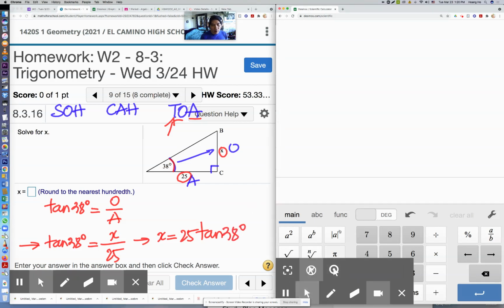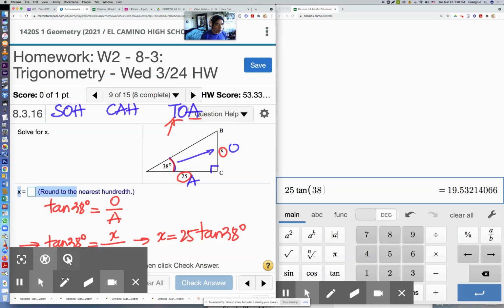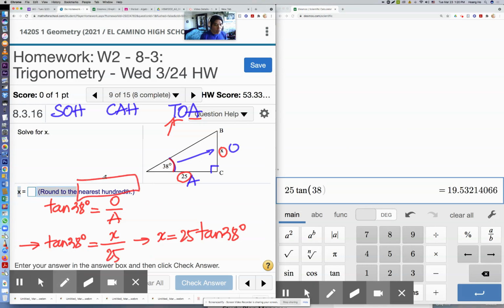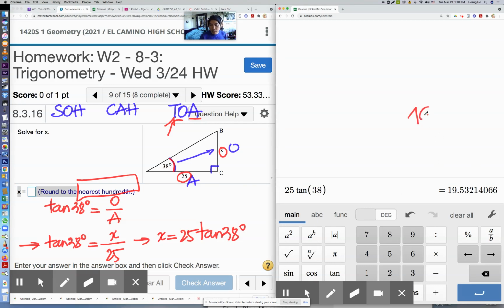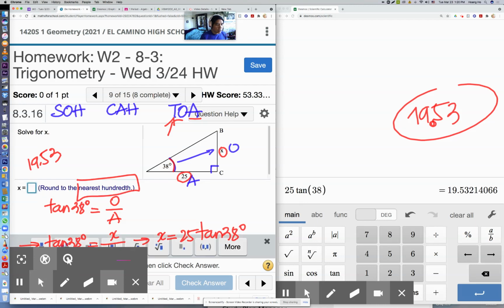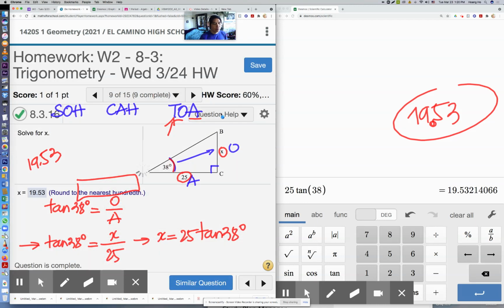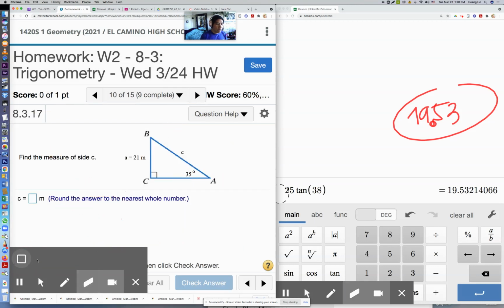I go to my calculator, put 25, click on tangent, put 38, and I'm done. The requirement is two decimal places, so I put 19.53. That's the answer. Done.